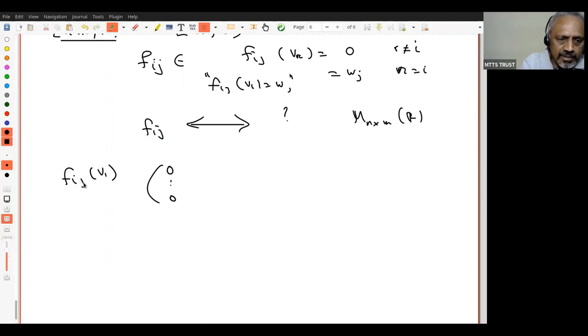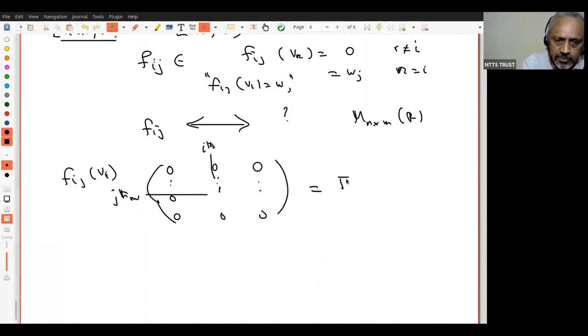And so on. Fij of Vi equal to Wj, therefore it will be 1. This is ith column and this is the jth row. This is j, this is i, and then rest are 0. This is it. Therefore, this corresponds to what we call E, I think called Eji.